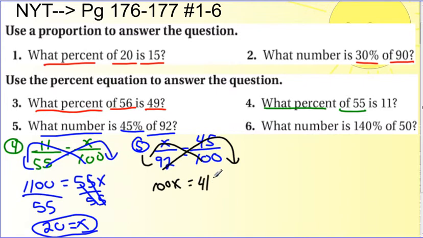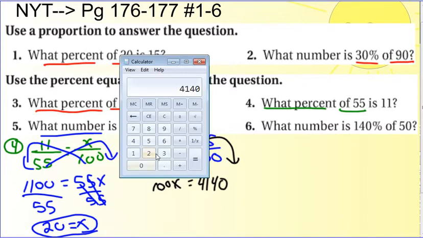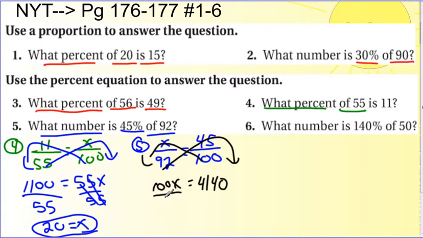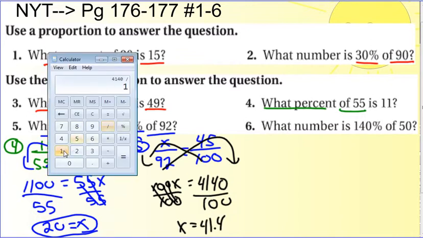Let me double check that. Alright, I'm good. And then I divide both sides by 100. X equals 41.4. And if you don't believe me, divide by 100. Told you.